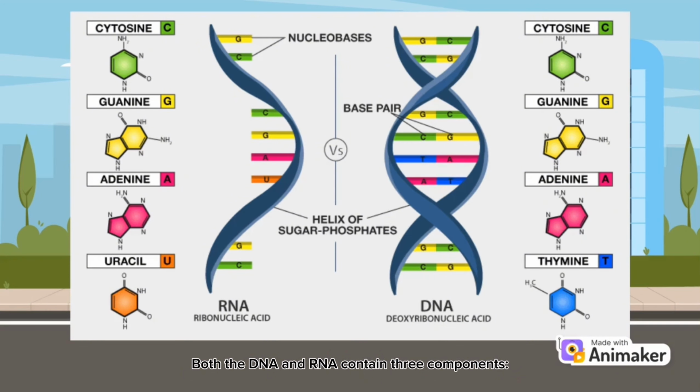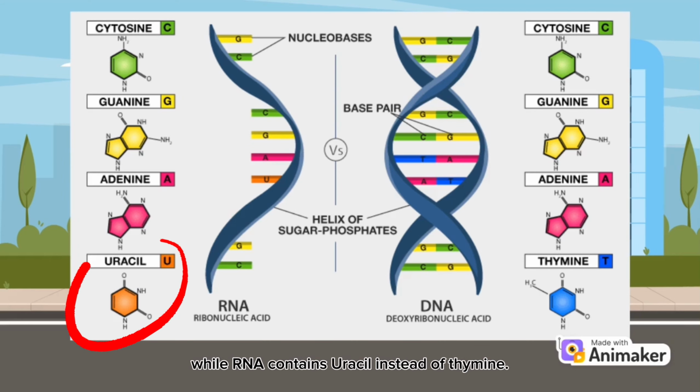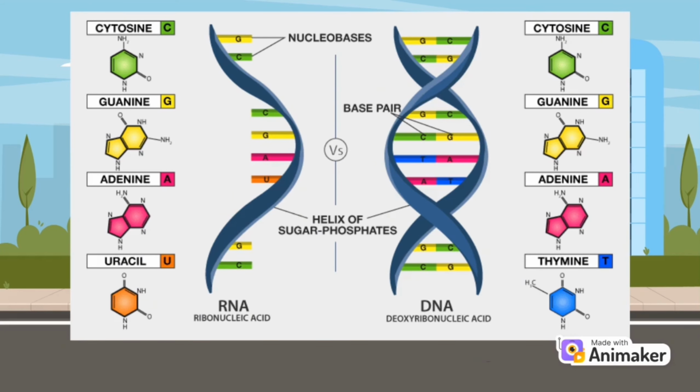Both DNA and RNA contain three components: phosphate group, nitrogenous base, and sugar molecule. DNA contains deoxyribose sugar while RNA carries the ribose sugar. Nitrogenous bases in DNA are adenine, guanine, cytosine, and thymine, while RNA contains uracil instead of thymine.